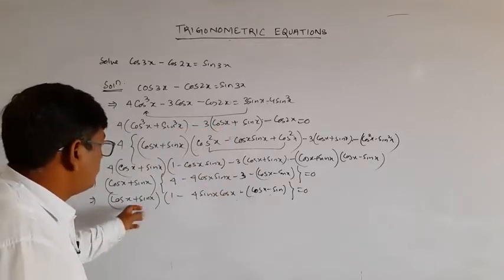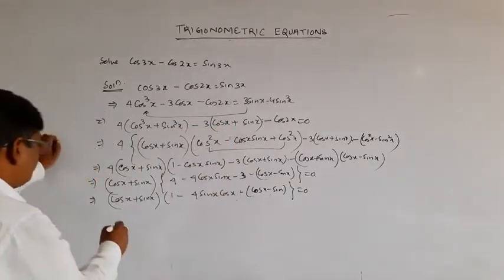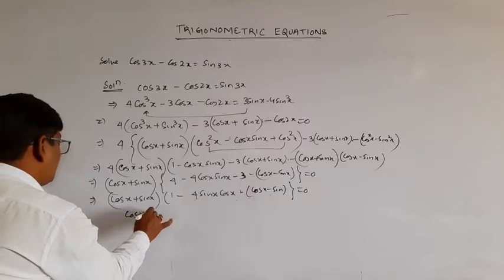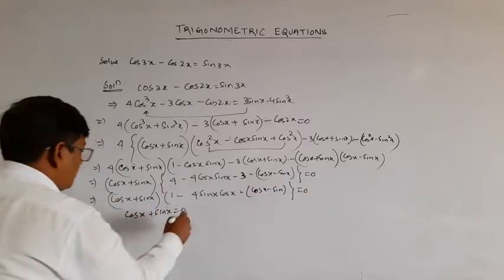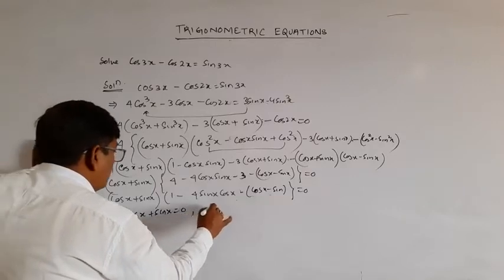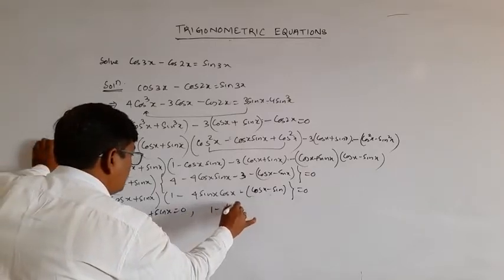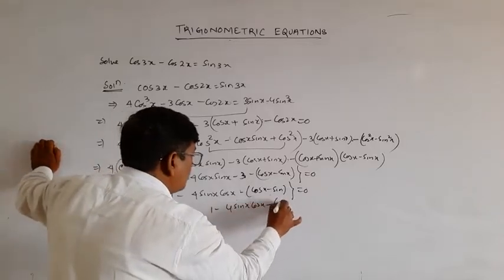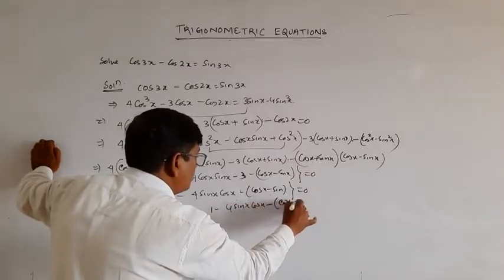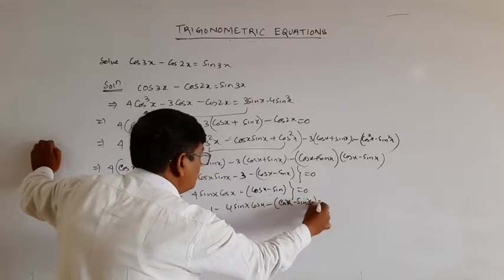Now this is equal to 0, that implies cos x plus sin x is equal to 0, or 1 minus 4 sin x into cos x minus sin x is equal to 0.